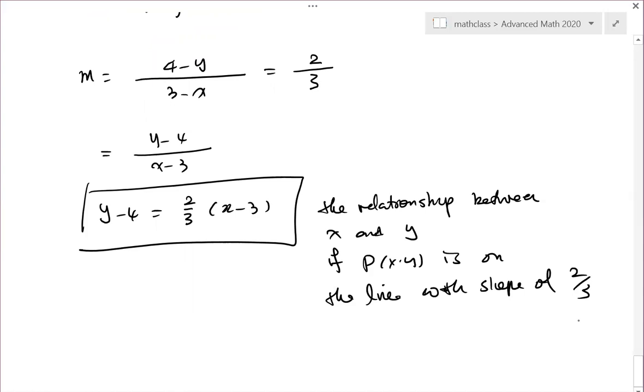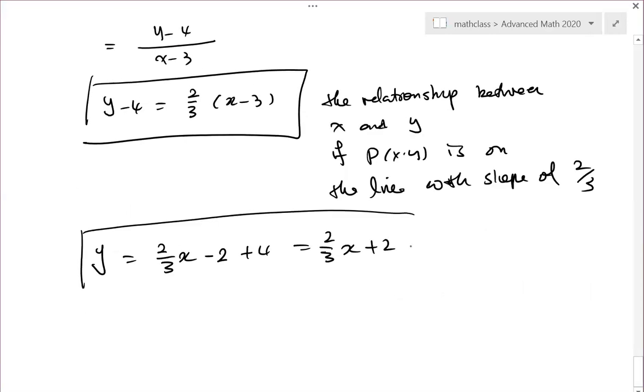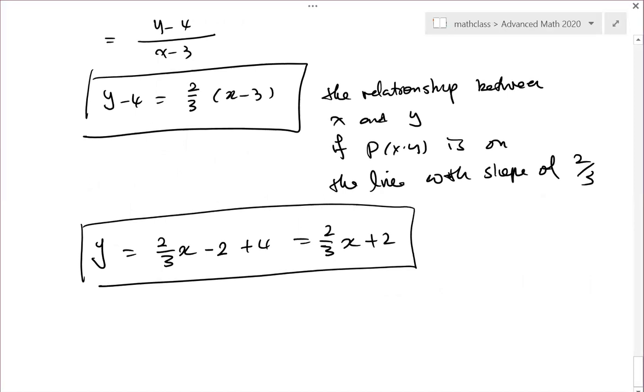And you can rewrite this: y equals 2 over 3 times x minus 3, multiply this out, minus 2 plus 4, so y equals 2 over 3 x plus 2. That is going to be an equation.